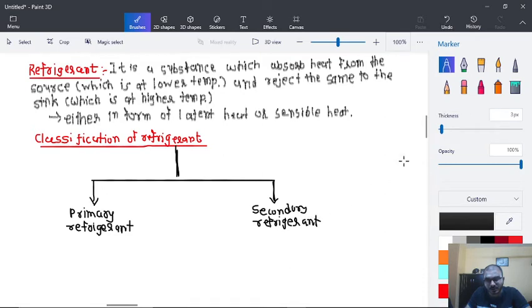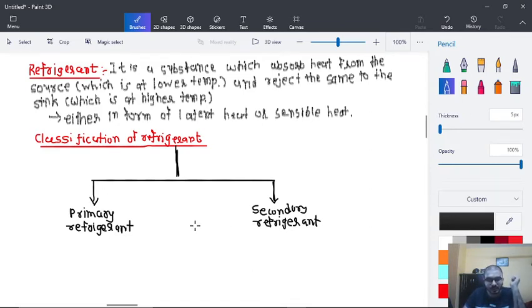In primary refrigerant, the refrigerant directly takes part in the refrigeration process. That is, this refrigerant itself will absorb the heat and reject it into the sink. However, in case of secondary refrigerant, these are first cooled by the primary refrigerants and then used for the cooling purpose.